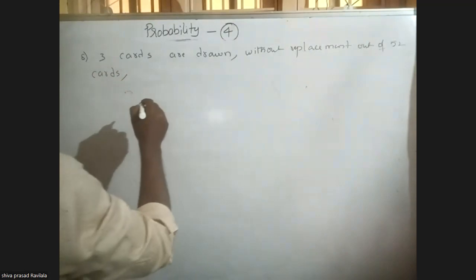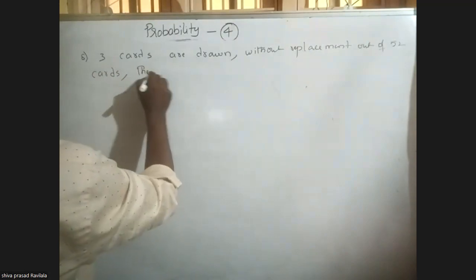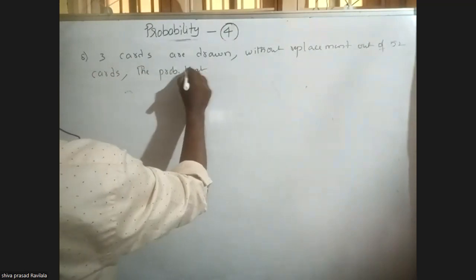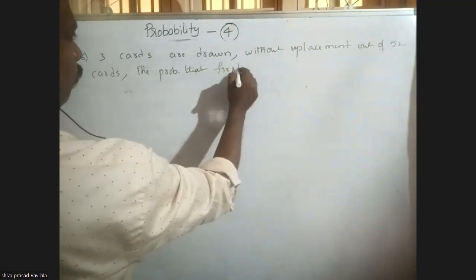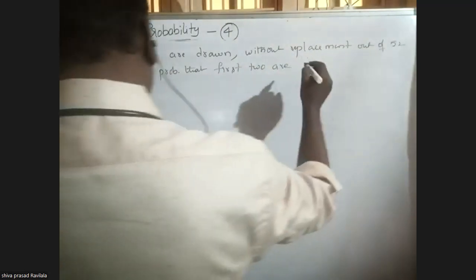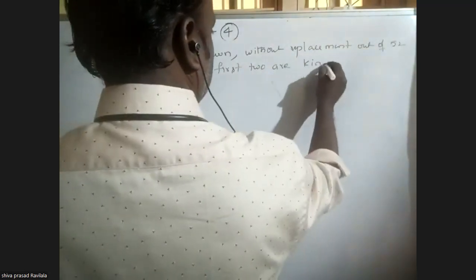The probability that the first two are kings, the first two are king cards.